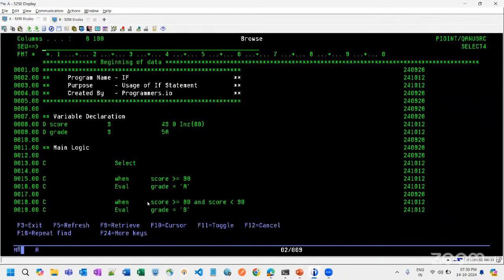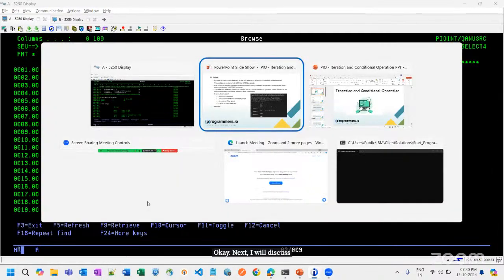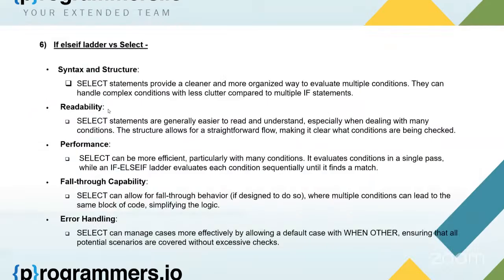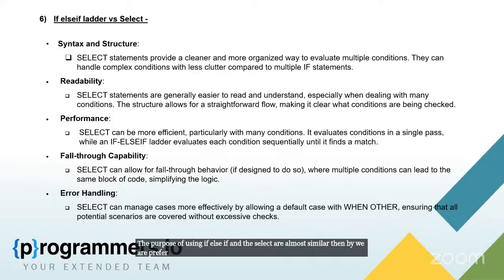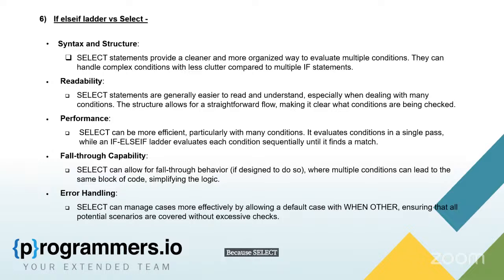Okay. Next, we will discuss if else if ladder versus select. So as we have seen, the purpose of using if else if and the select are almost similar, then why are we preferring the select statement? Because select offers a more organized way to handle multiple conditions.